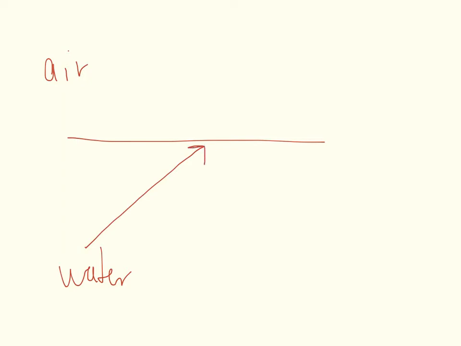Let's look at another surface interface. Now, the water's here still, and air is still here, but now the ray is being projected from the water outward. So, let's pick an angle. Let's say this is 50 degrees.